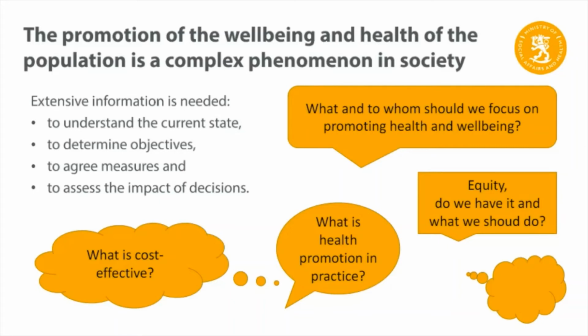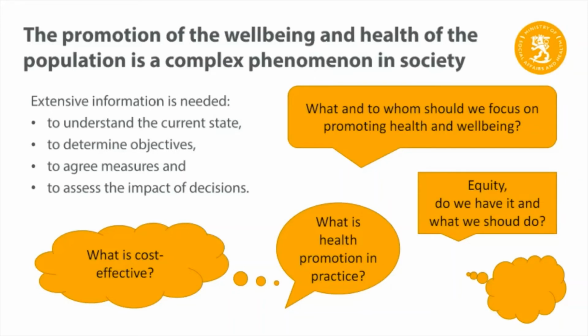But before that, I want to give some examples of what kind of questions we need to respond to. For example, what kind of questions decision makers give us to answer, and we have only very quick and brief answers to them.